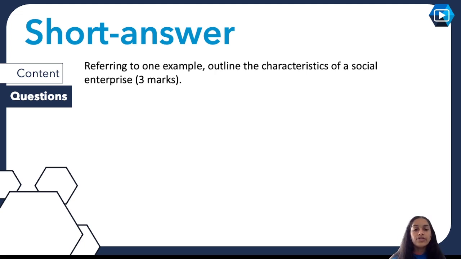If you talked about 2 examples, you're not answering the question. You'd only be marked on your first example. So make note of the question, highlight your task word, and think about how that task word would influence the way you structure your answer.